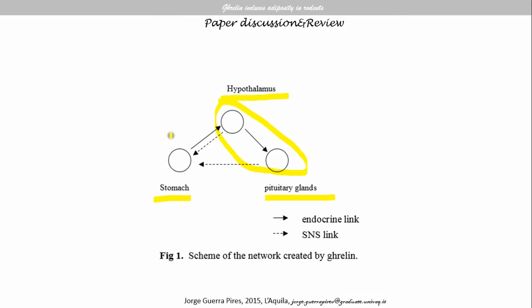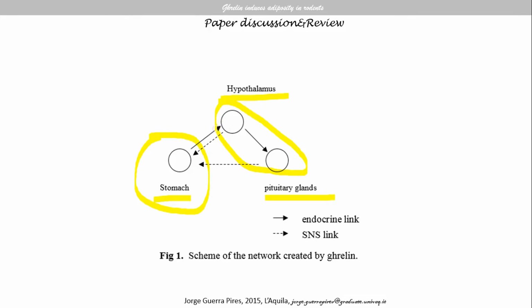So the question now is how the stomach talks to the hypothalamus, and one of the hypotheses of the paper is that it's done by ghrelin.